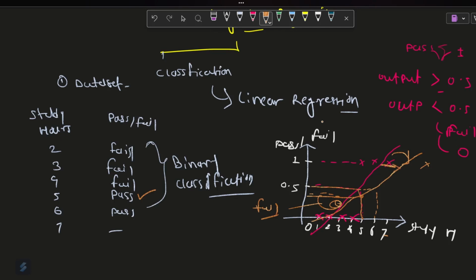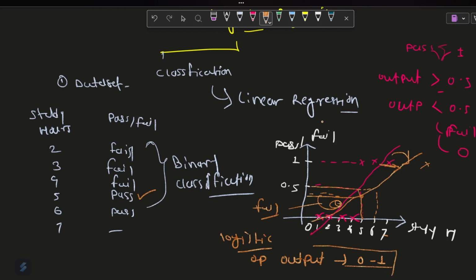In logistic regression, the output is also between 0 and 1. With an outlier, the output becomes more than one, and also less than zero. That's not a good model, because it goes above one. In logistic regression, the output comes between 0 and 1.